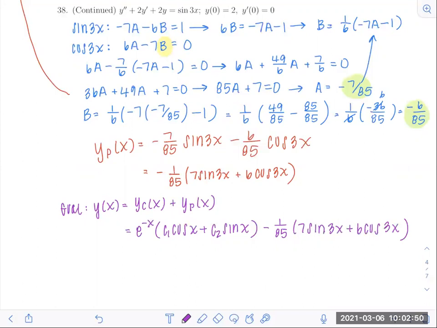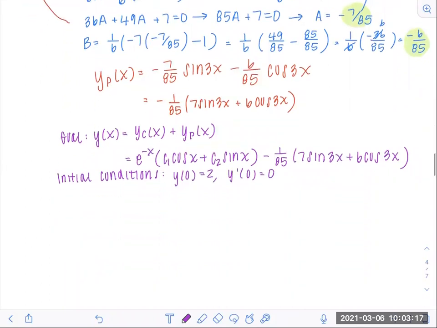Now we want the particular solution to the non-homogeneous differential equation that satisfies the initial conditions. So let me remind you of the initial conditions. The initial conditions were y of 0 equals 2 and y prime of 0 equals 0.